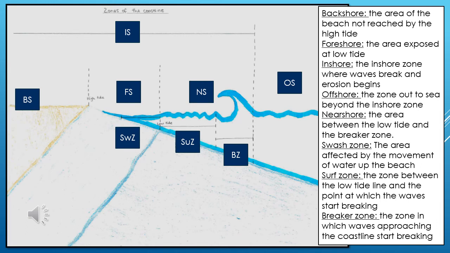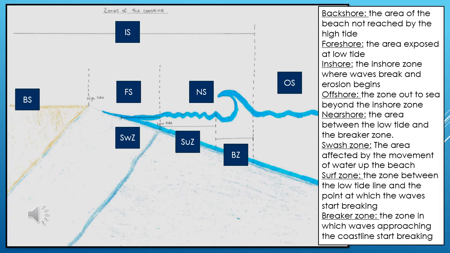Right, so here we have a diagram which I drew myself with my lovely art skills with all the different labels of the zones of the coastline. Like I said previously, this is important because in each zone different things are happening, and the name for a lot of it kind of gives it away. So we're going to start at the back with the back shore, which is BS.